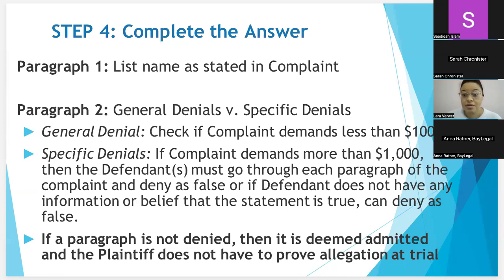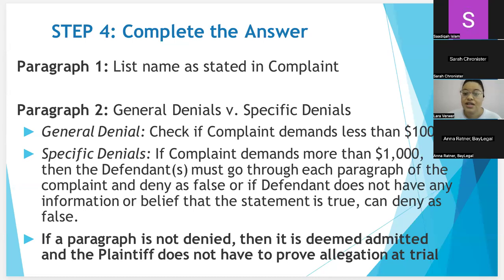All our allegations in the complaint have to be deemed true, and therefore we are entitled to judgment. So paragraph 2 is very important for making sure that a defendant does deny the allegations in the complaint.